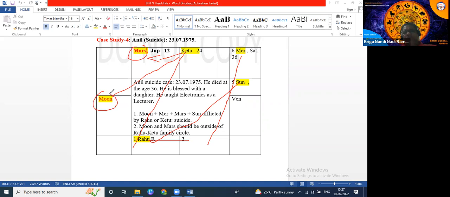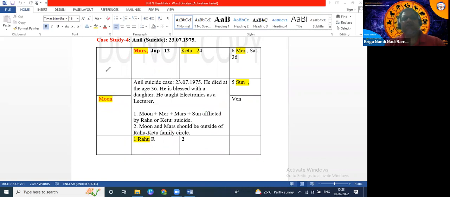So we have to check these two. The first one is whether Moon, Mercury, Mars, Sun are afflicted by Rahu Ketu or not. We have to check. And the second point is whether Moon and Mars are outside the Rahu Ketu family circle or not.